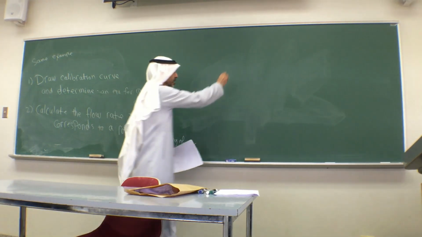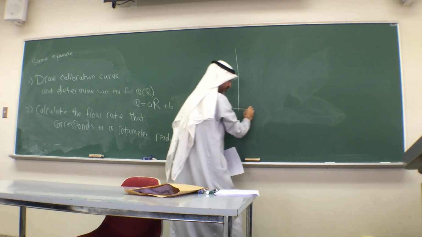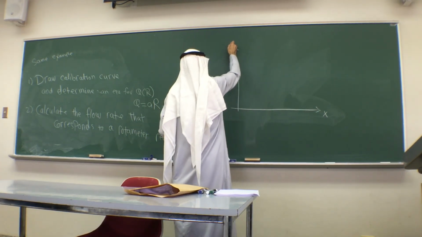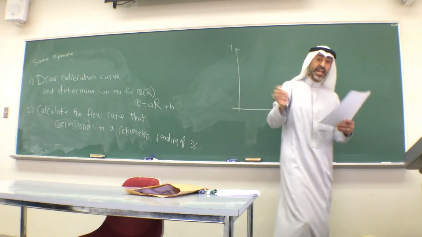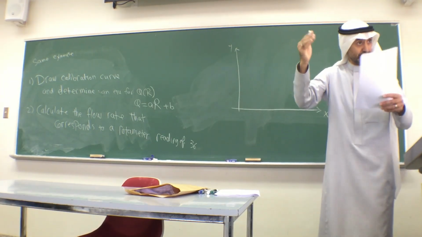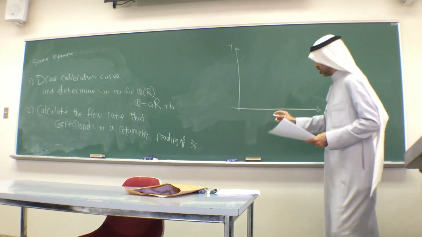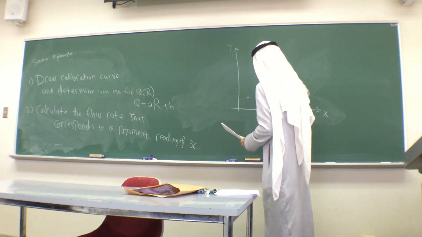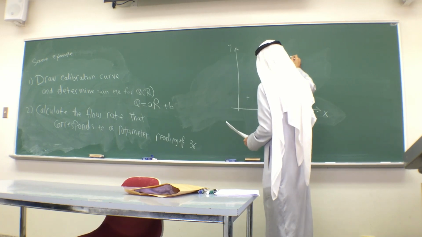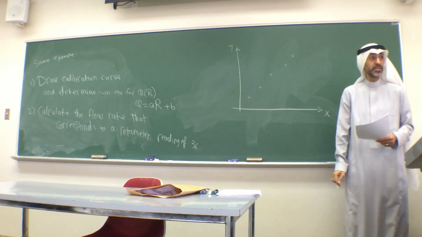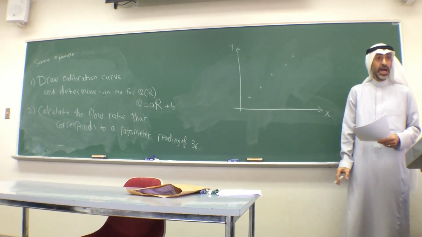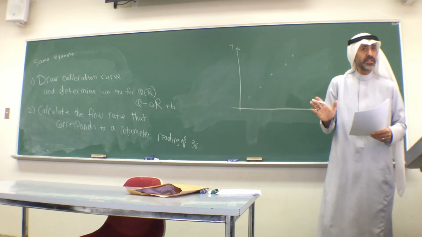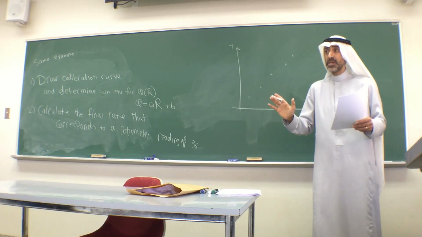Very easy. We put our X, the data that he gave me in the table, I put it here. Plot the data, okay? I look at it. If it looks like a straight line, okay, I fit it.